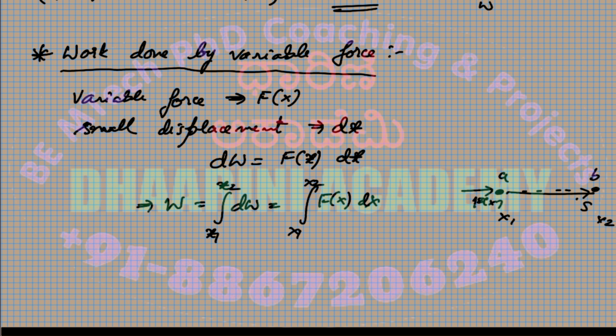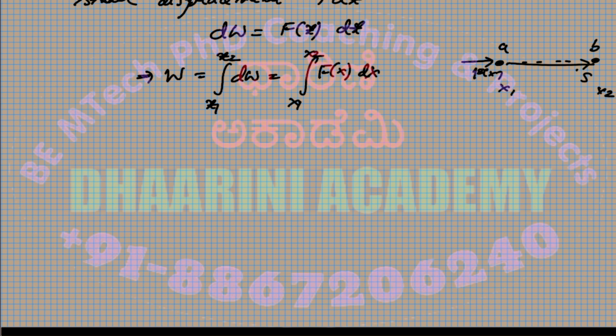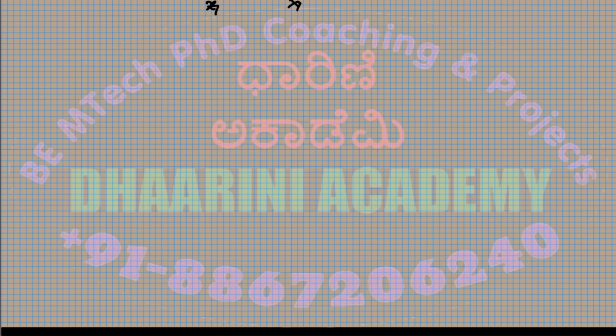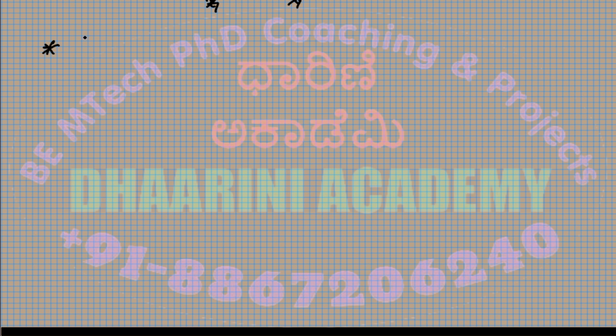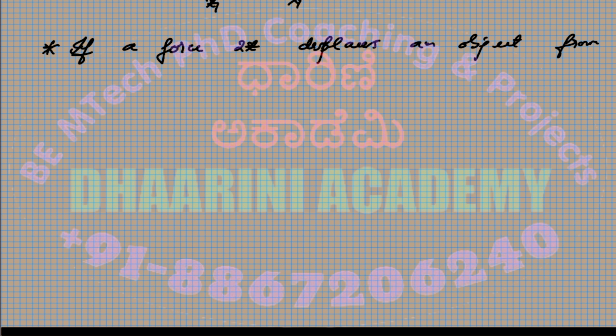All right, let's quickly solve a problem. If a force 2x displaces an object from x equal to 3 to x equal to 5, calculate the work done.